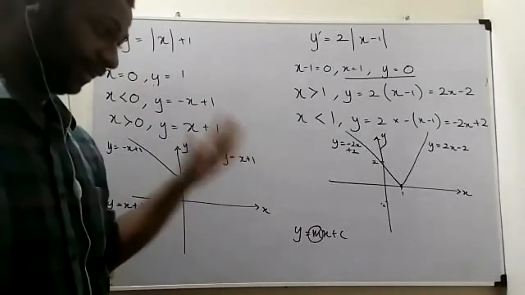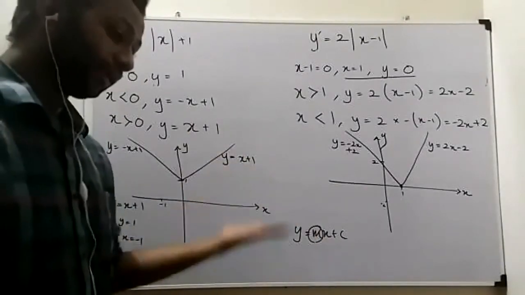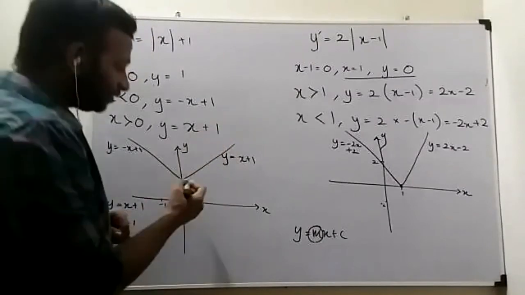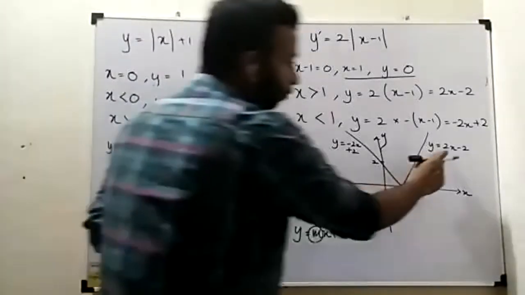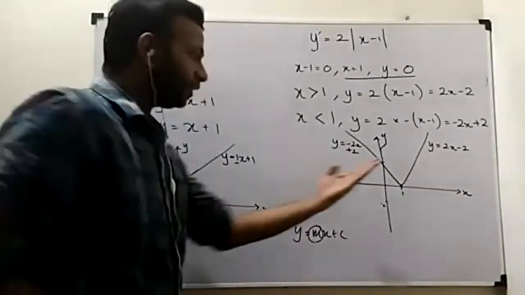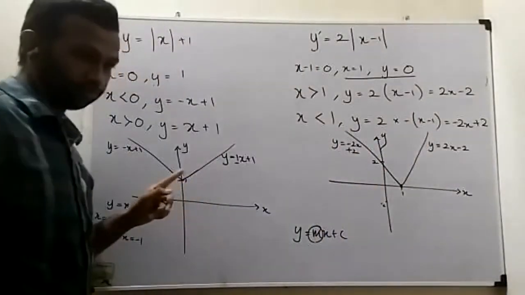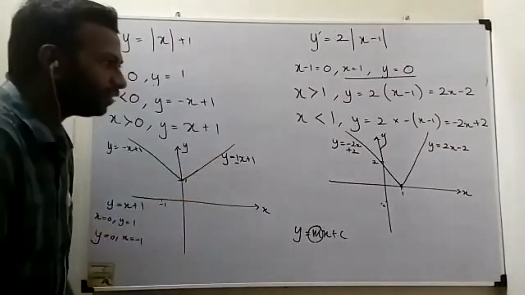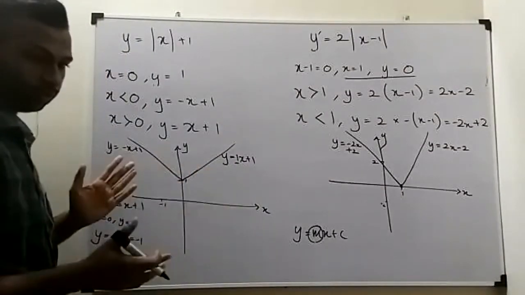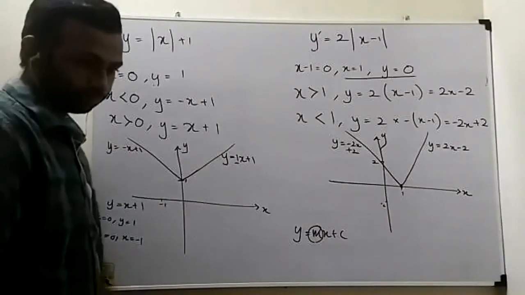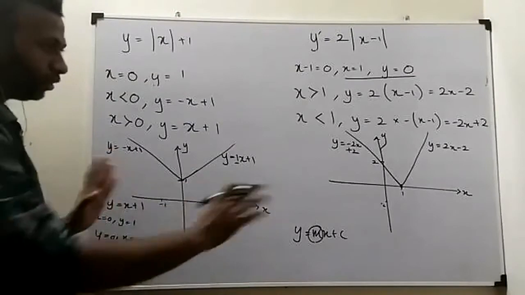So when the gradient is higher, the slope increases. If this is the slope for y equals x, that is 1 times, and this is the slope for y equals 2x, the important thing to remember is that the slope of this is greater than the slope of this, right? If you are drawing it all at once, you might miss it. That's why it's better to draw them separately and then combine them. So now, is there any question from these two graphs? Did you get these two graphs properly?